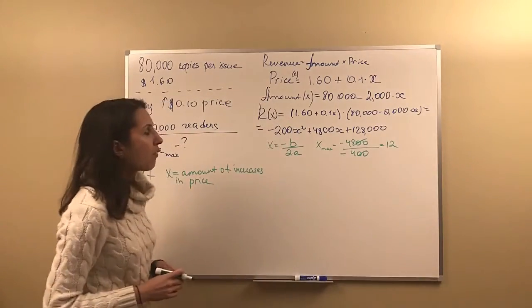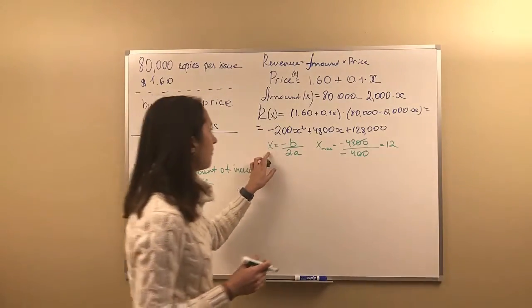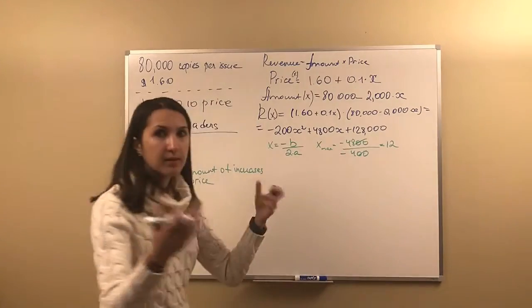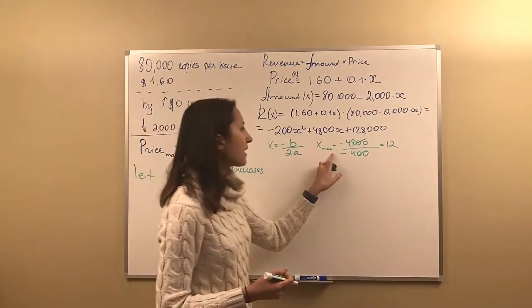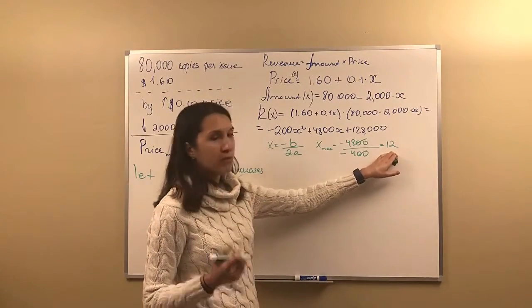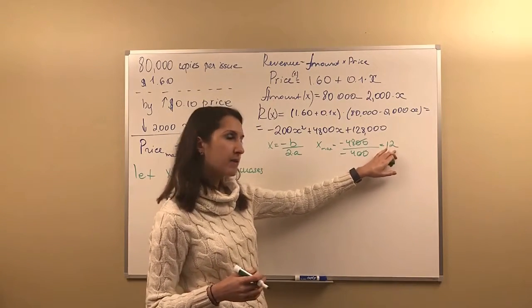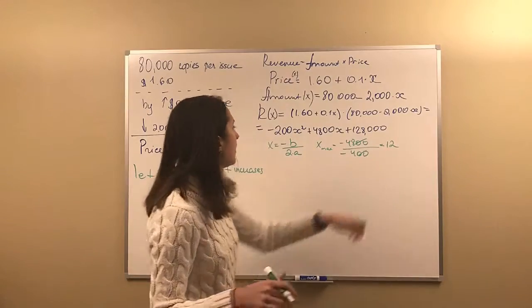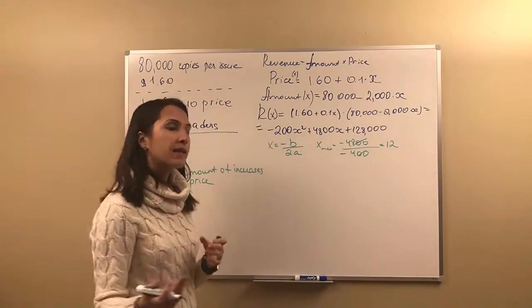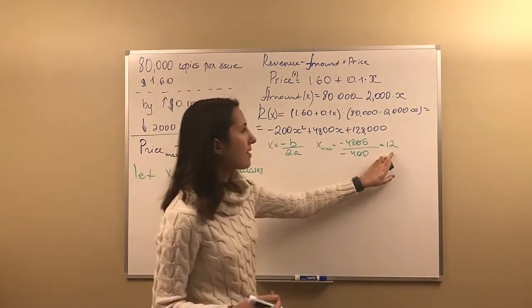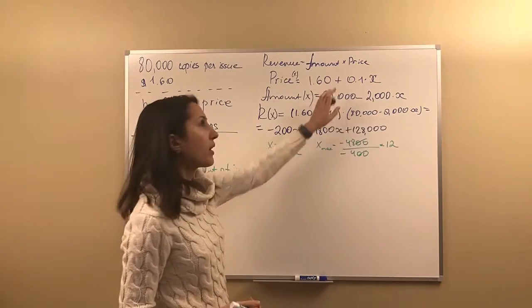Okay, so 12, again, what is the 12? X maximum. X is the amount of increases. So the maximum amount of increases we can allow in order to maximize the revenue would be 12 times. But it's not the price. So now, in order to find the maximum price, we just plug that value into our price equation.